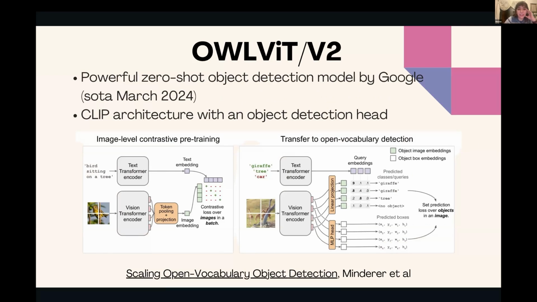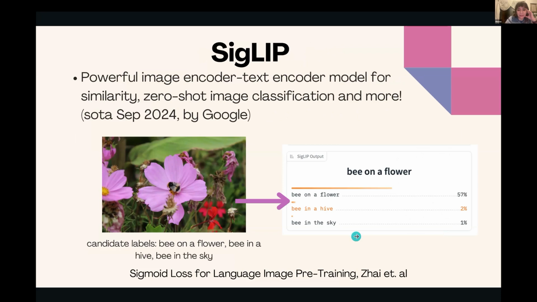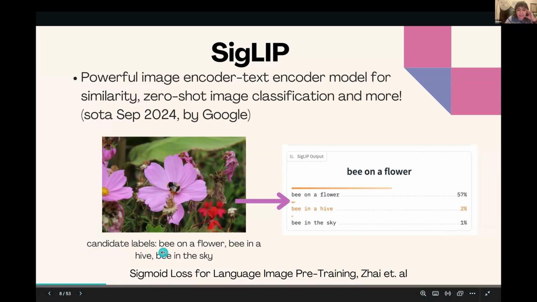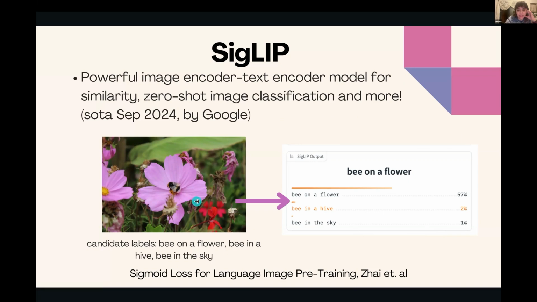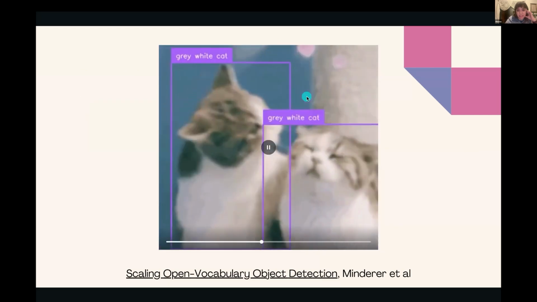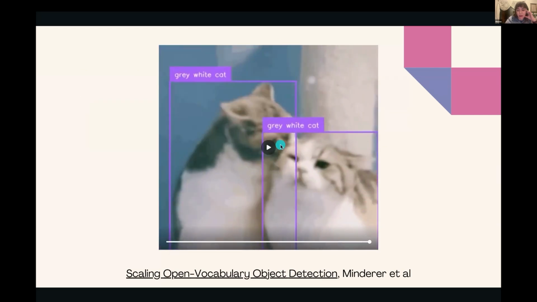And for OWL-ViT, which is a zero-shot object detection model, basically, this is just like SigLIP. You input some labels and you input an image, but in the end, you get the bounding boxes of those open-ended labels in that image.